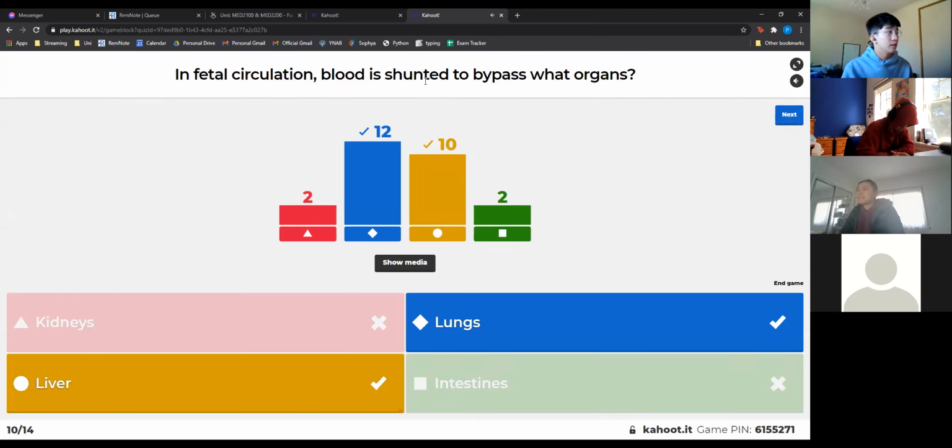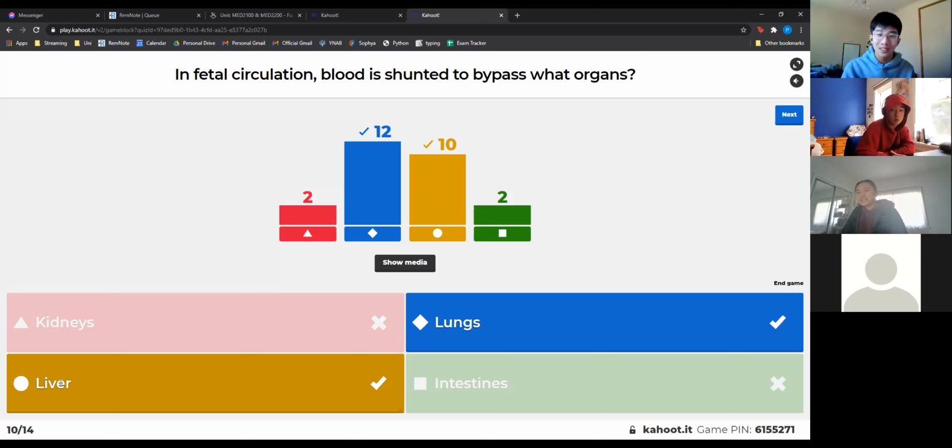Yeah, good. So during development, the fetal lungs don't work, and neither does the liver, which is why you have to bypass them, because it's only once you're born that your lungs work. That's the first deep breath in, and then the liver actually filters blood and things like that. I'm forgetting a bit of it, but I'm pretty sure it shunts through the liver through the ductus venosus.